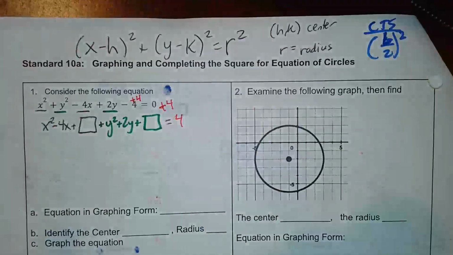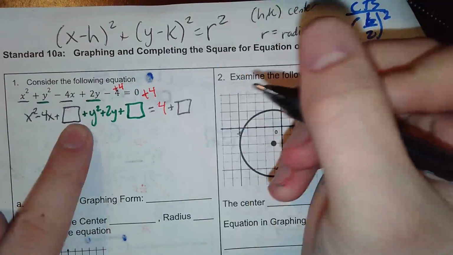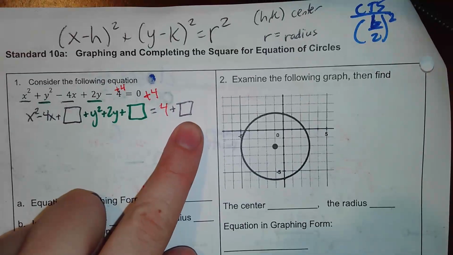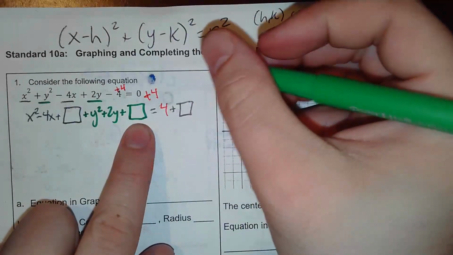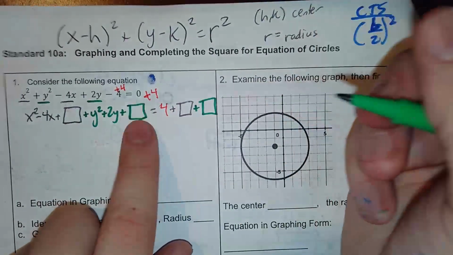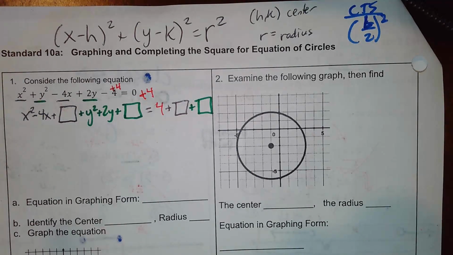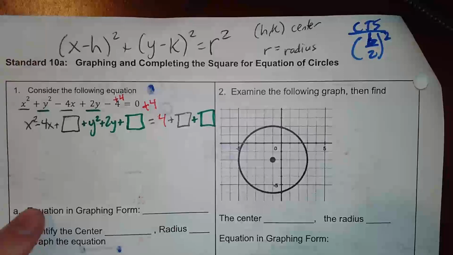4. But to balance our equation, I will also need to add the same box on the left to the right, the same green box here as well. Whatever number I add, I'm also going to add it to the right side to balance the equation. Okay, so now I'm going to use the formula (b over 2) squared.